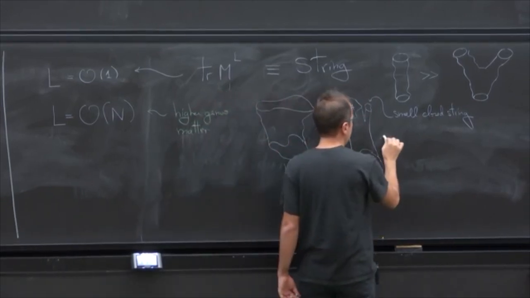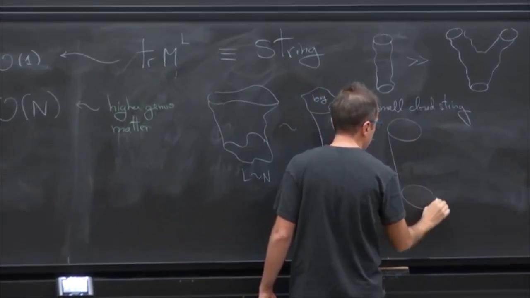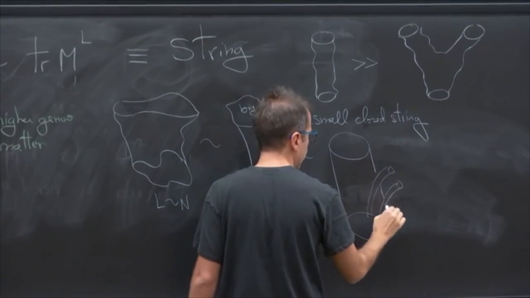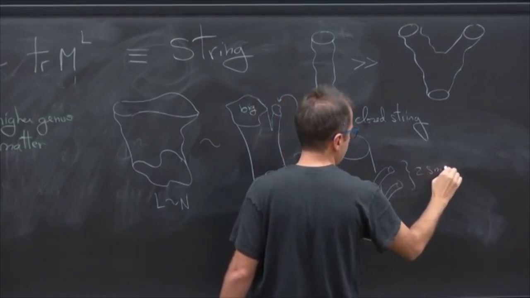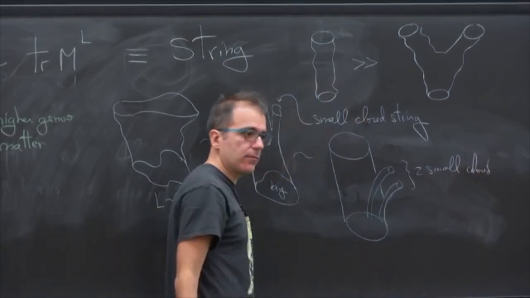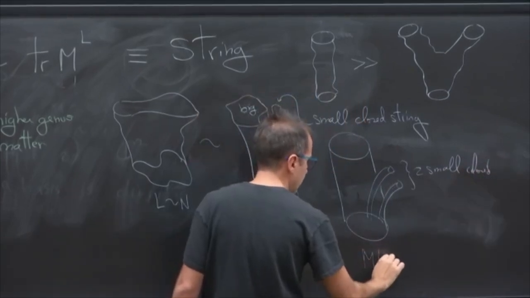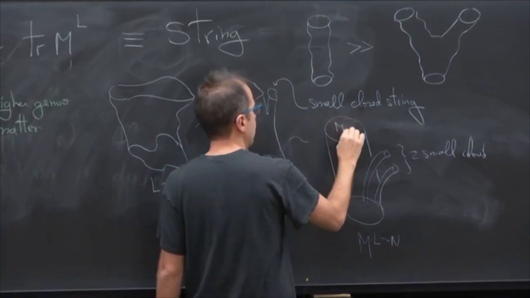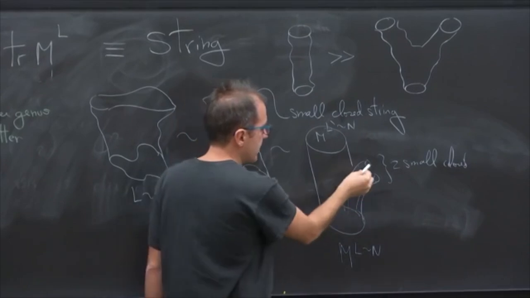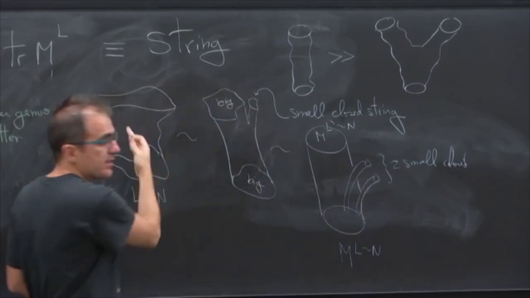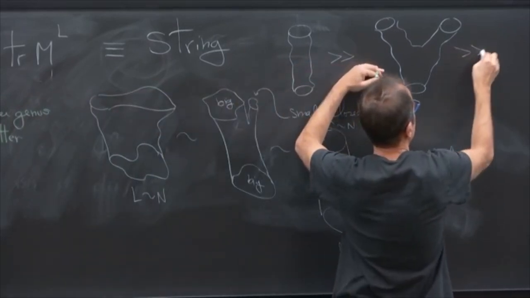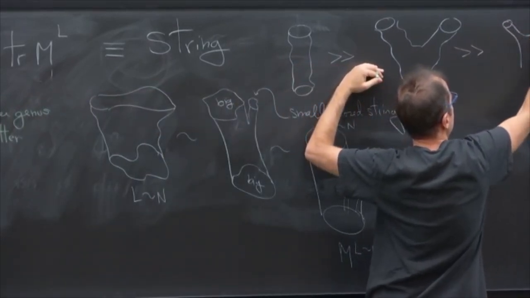And this would be of the same order as the diagram where you emit two small closed strings. Again, I'm saying that I have m to the capital L that scales like n, m to some L prime that also scales like n, could be L. And then these guys are of order 1, and all these graphs are of the same order now. Whereas here, no, this was much bigger than this, that was much bigger than this.